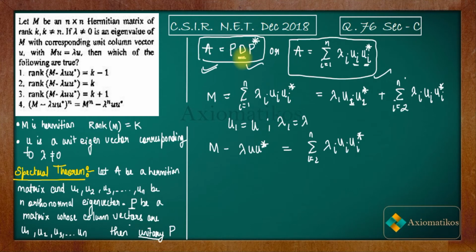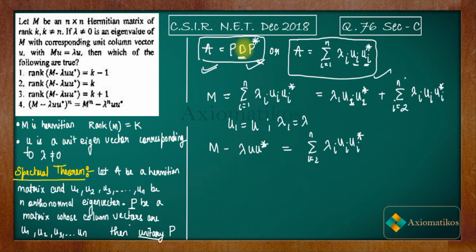D is the Jordan canonical form of A, so A is similar to D. The expression that we have written is actually the expression of similarity of two matrices. Because A has rank k, it means that D should also have rank k.